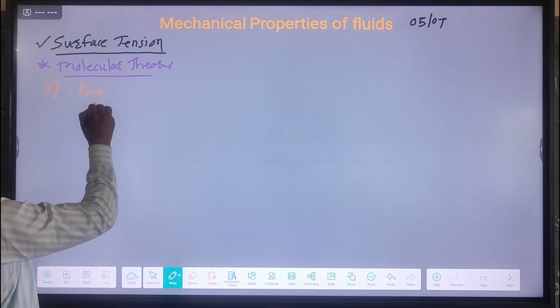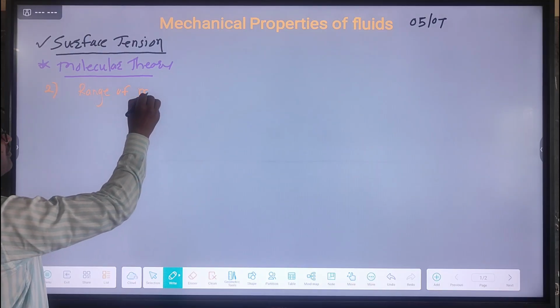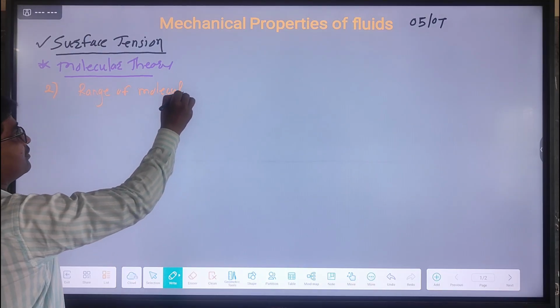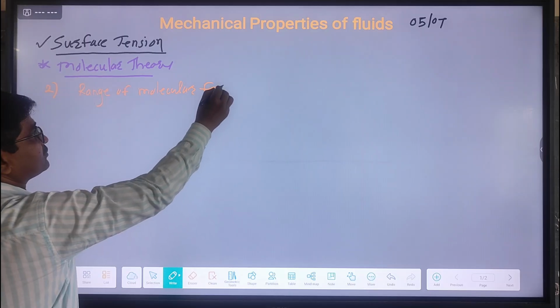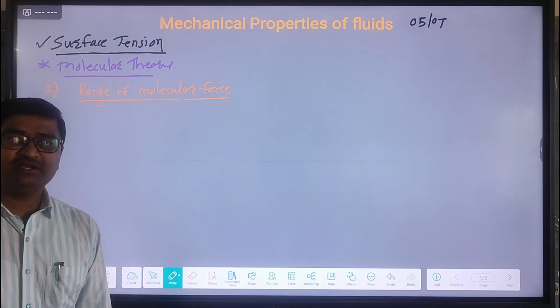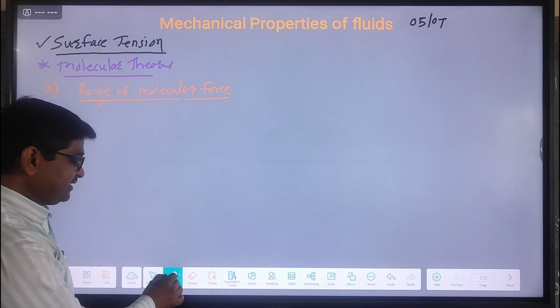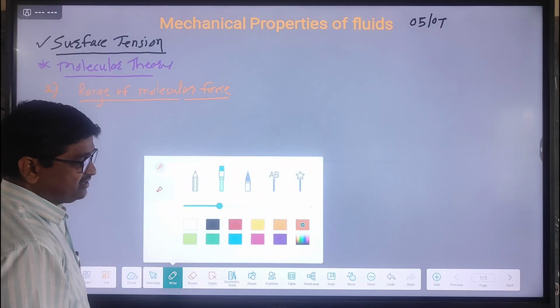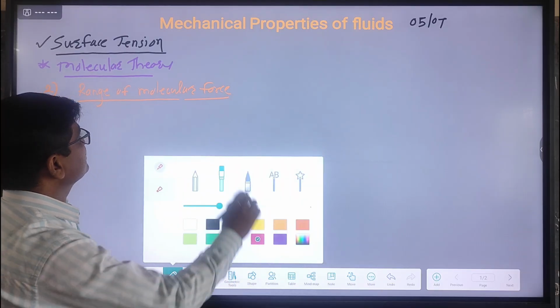Range of molecular force. Okay, next concept, range of molecular force. So what is meant by range of molecular force? Let's begin the definition.